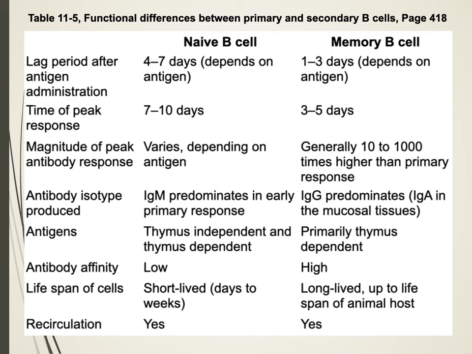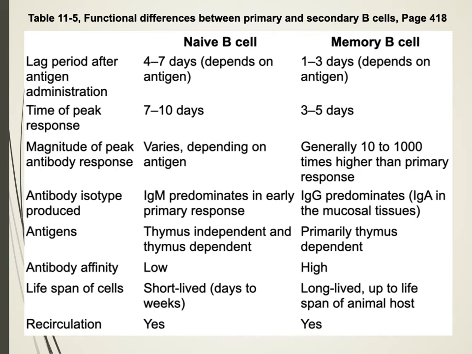We also are recruiting in the naive B cells, but if we look at the lag period after antigen exposure and then the time of peak response, the memory population is much quicker. So it's good to have memory, because we can have a response quicker, 1 to 3 days, with that peak response being at 3 to 5 days.